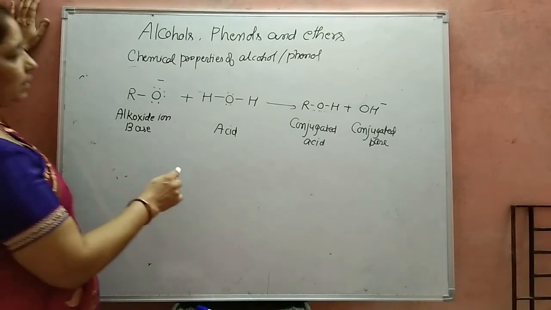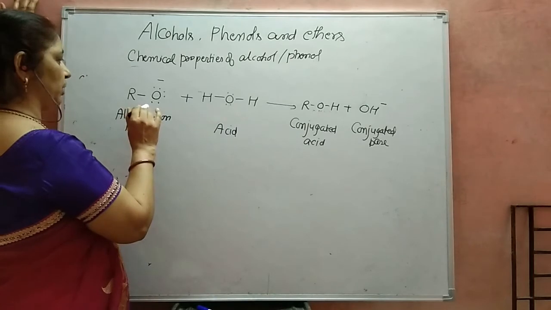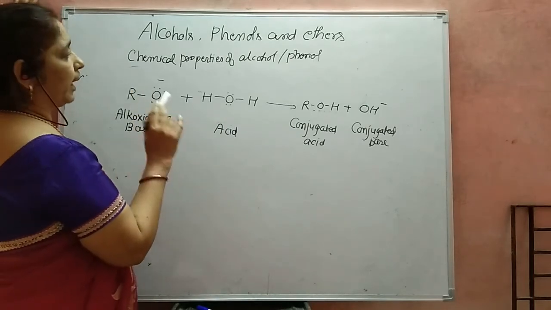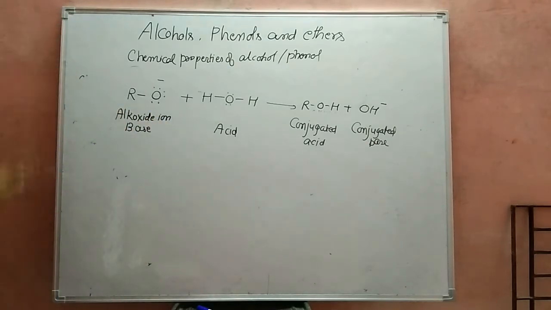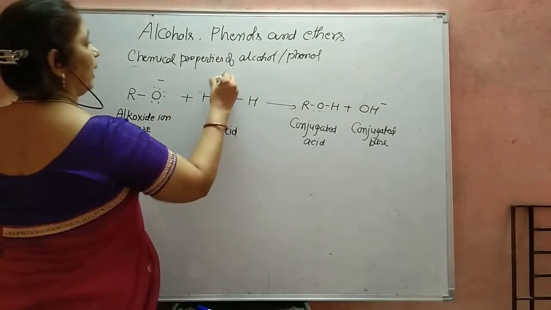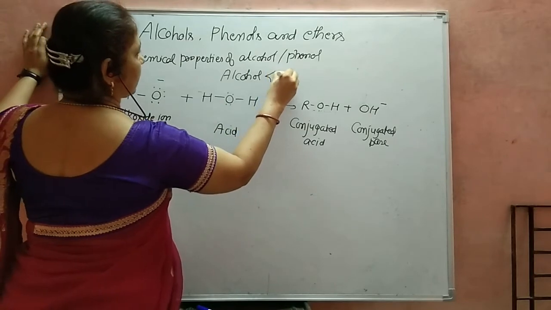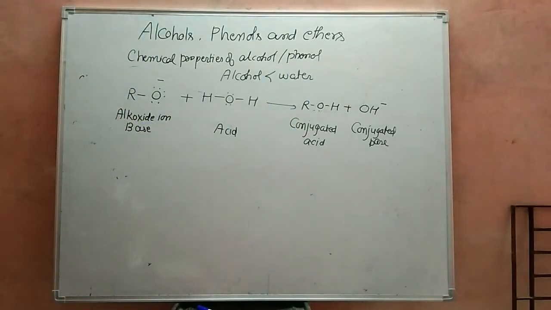Here in this equation we have to see that the water molecule gives H positive to the alkoxide ion. It means that water has more acid strength than alcohol. If we compare alcohol and water, alcohol is less acidic than water. First thing. Why does this happen?